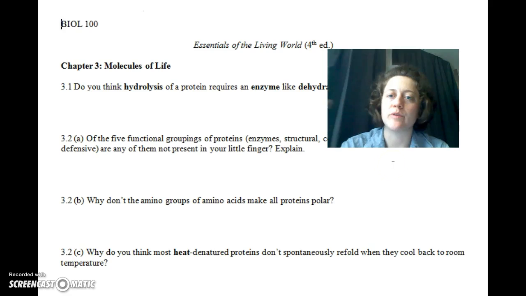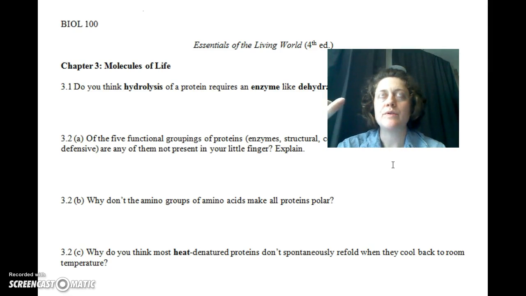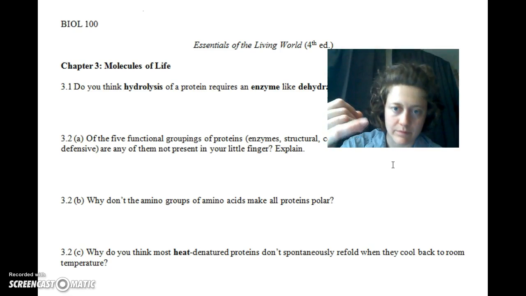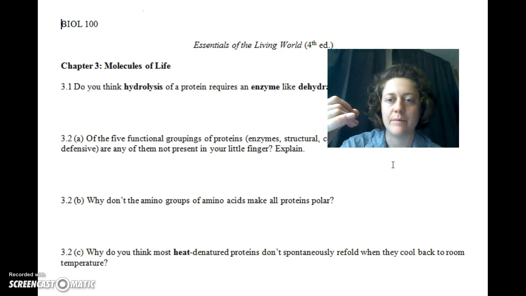And then structural proteins, that would be, for example, the keratin that makes up the outer layer of your skin, or that makes up your fingernails. Contractile proteins, those are types of proteins that actually work your muscles. If I can move my little finger, it must be because I've got some muscles doing something.